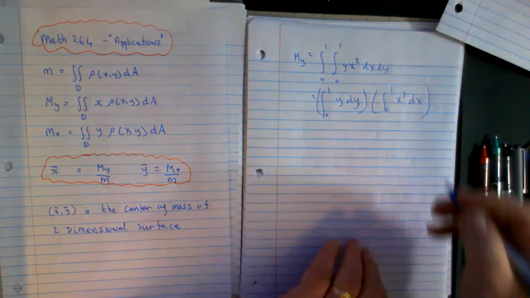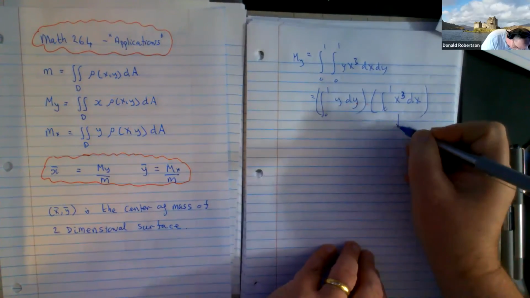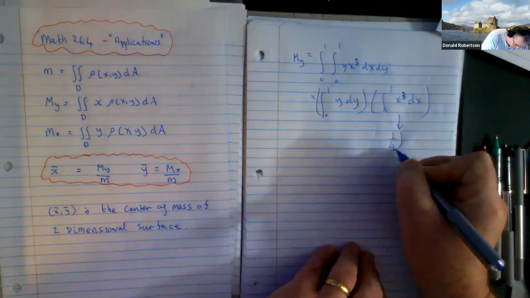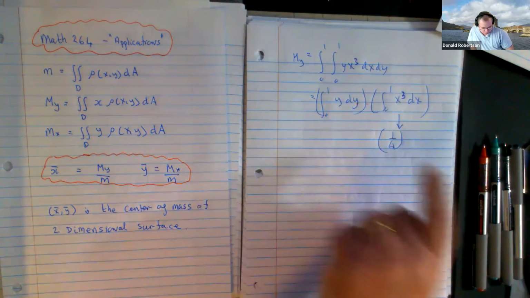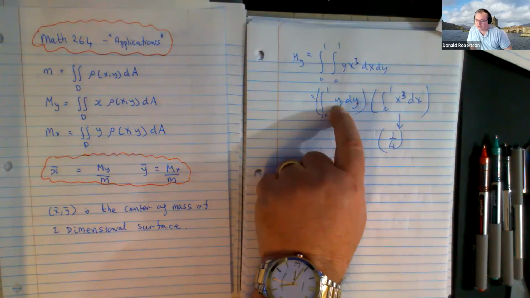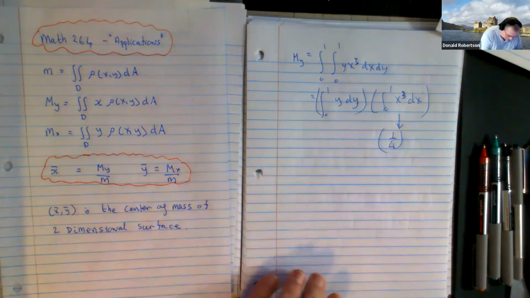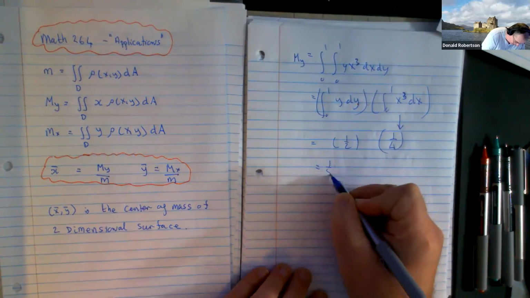Now, since I've already found that, can I just stick in a quarter? Because you're going to probably use it again. Right, what about this guy? Let's try this guy in your head. Isn't it a half y squared? And it's going to end up being a half. So that guy's an eighth.